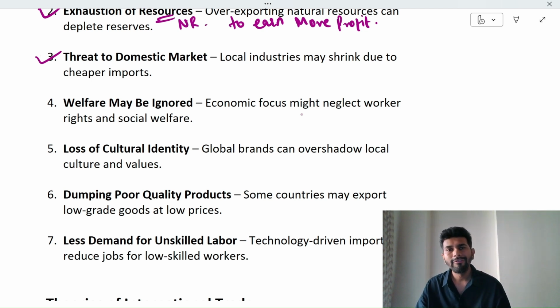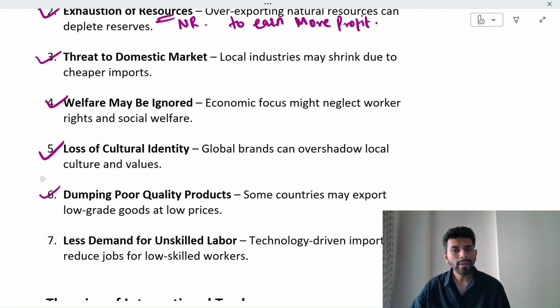For example, when Amazon started its business in India, some local retail business could not survive. Next, welfare may be ignored. Due to technology, some unskilled workers may lose their job. Next, loss of cultural identity. To some extent, India has started adopting Western cultures in terms of food consumption and dressing, etc.